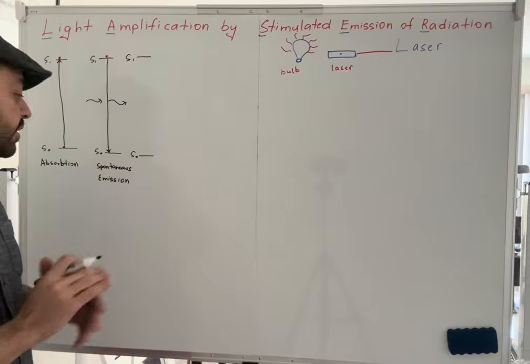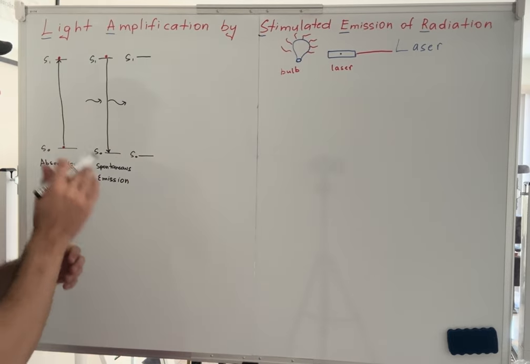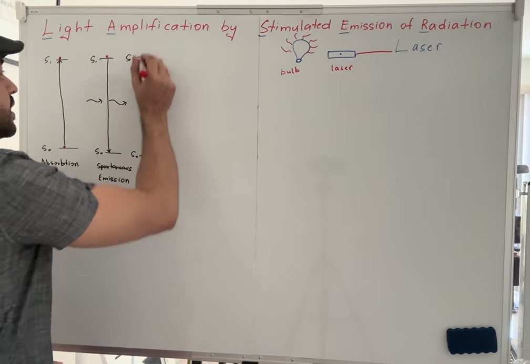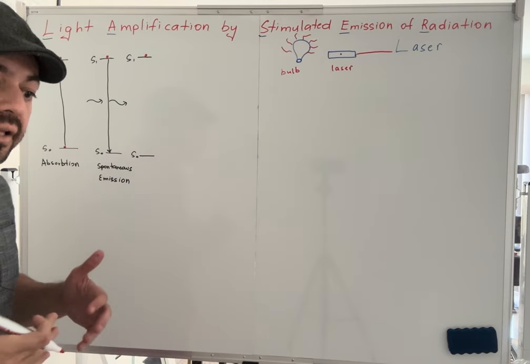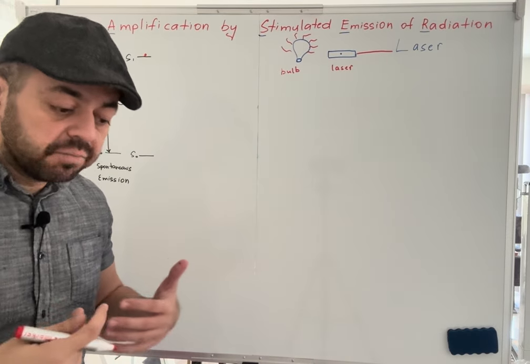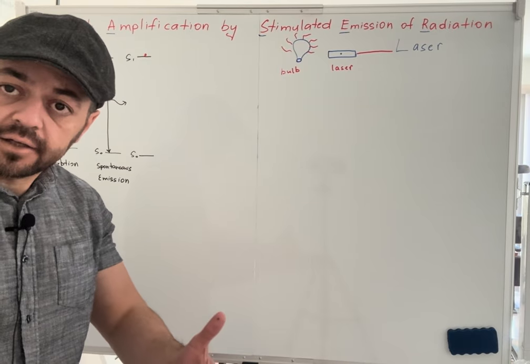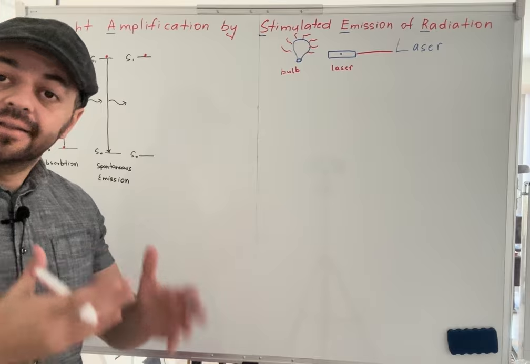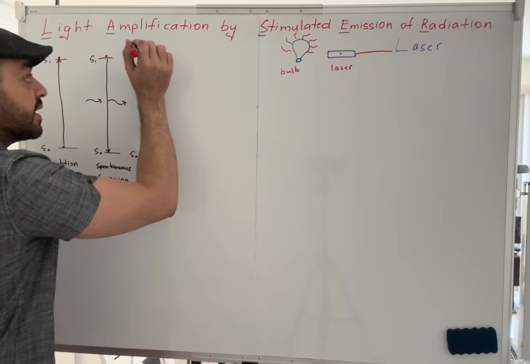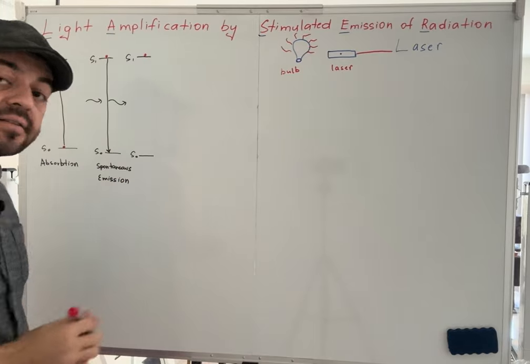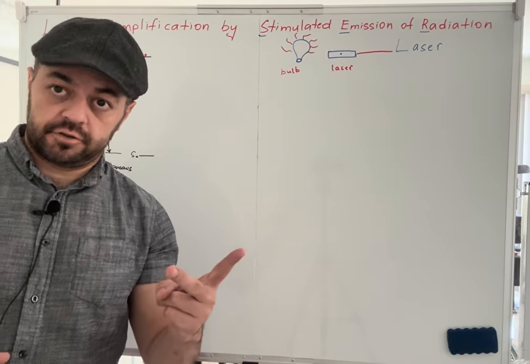So according to stimulated emission, unlike spontaneous, what happens is when the molecule is on the excited state, we apply more energy, we apply a little more light there. When we do that, that light is going to interact with the atom or molecule on the excited state and force that to generate a second photon.